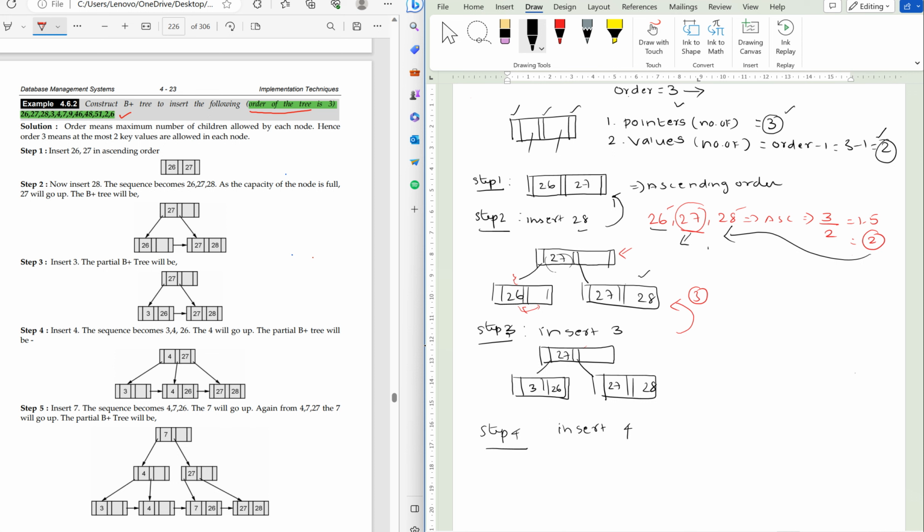Okay. As I have mentioned earlier, this 4 has to be inserted in the previous derived tree, the tree that has been derived in the previous step. So we are trying to insert 4.